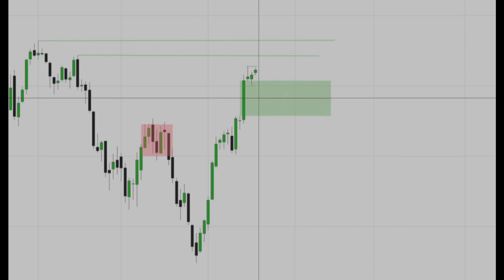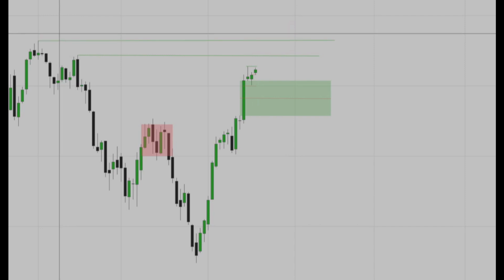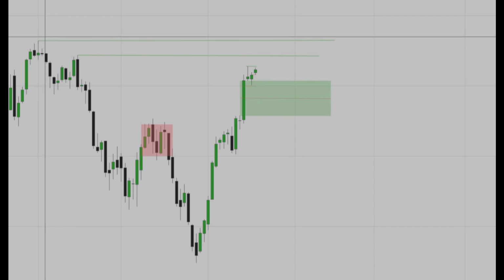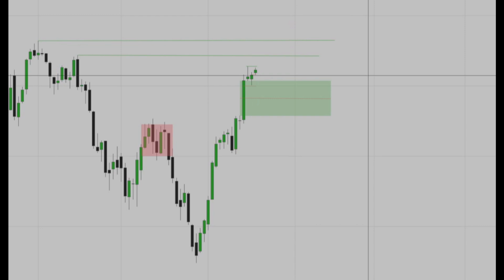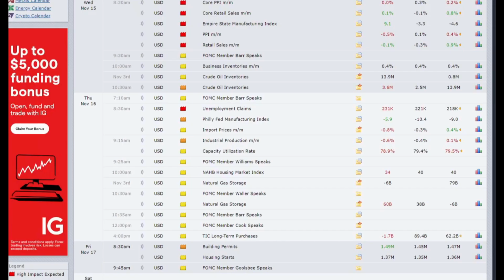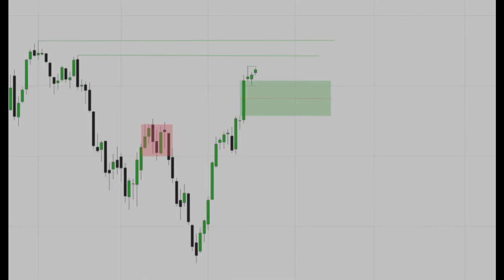That's quite the stretch, but there's a very good chance I don't take any trades today. Fridays can be pretty fickle. We just had news come up. We had building permits and housing starts. Neither really affected the market, but that is your 8:30 news embargo.